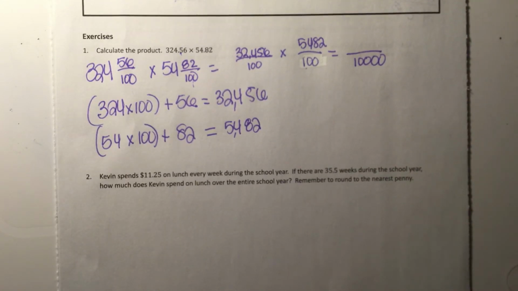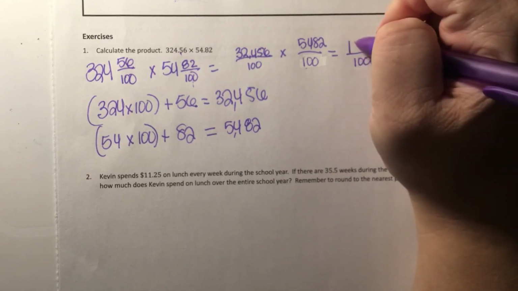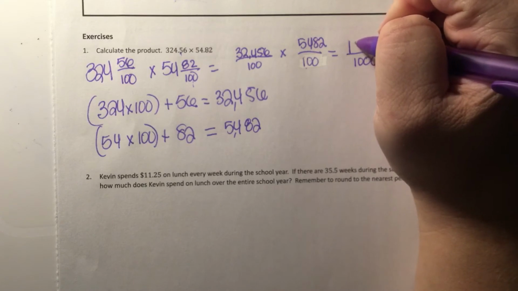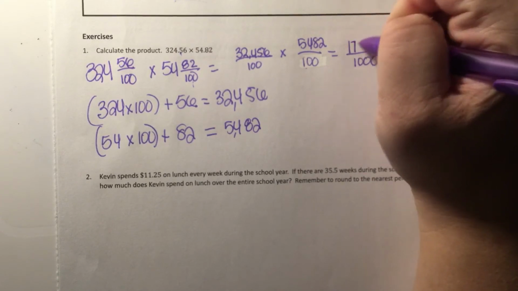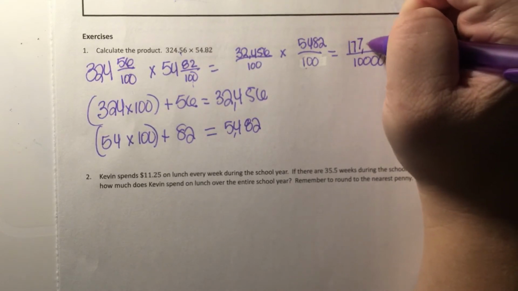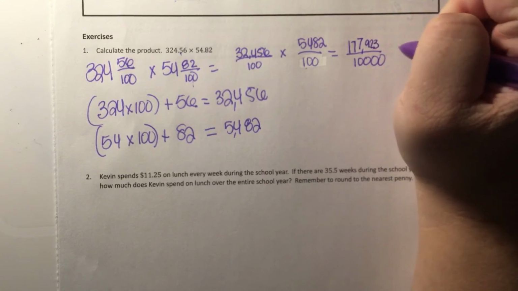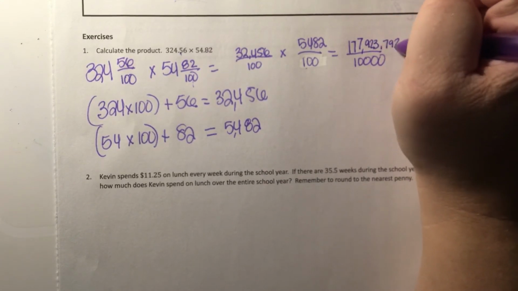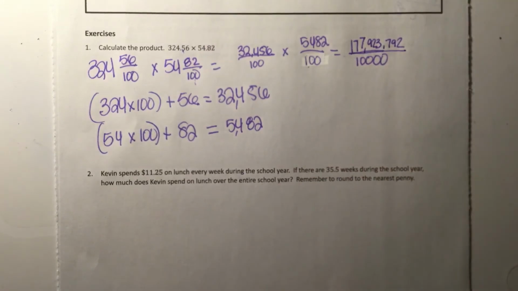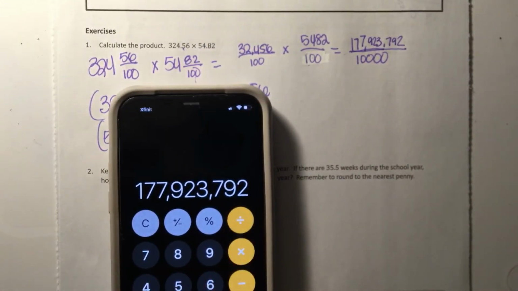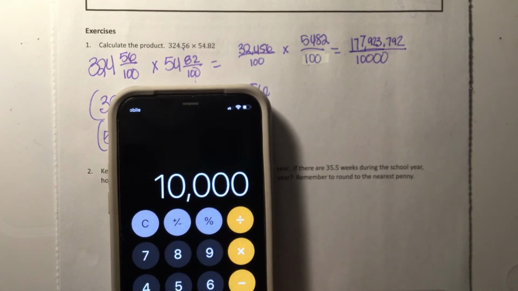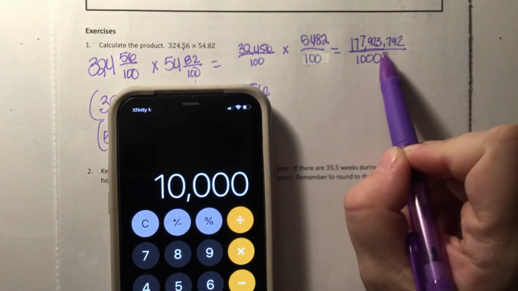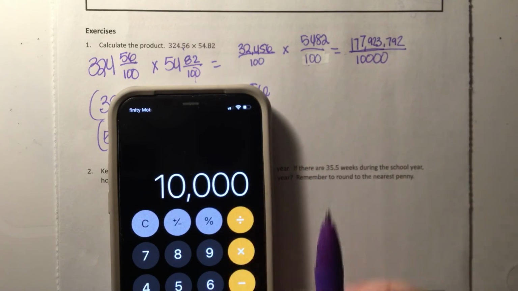I'm going to double check that answer. 32,456 times 5,482. By golly, it's correct. Okay, 177,923,792. And it's all going to be divided by 10,000, right? 1, 2, 3, 4. 4 zeros, right? 1, 2, 3, 4. Okay.